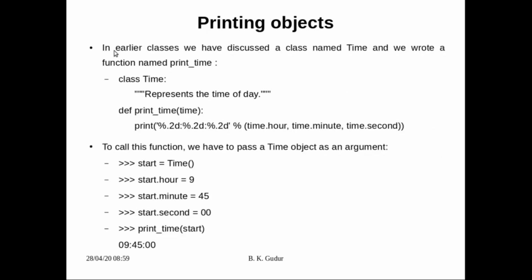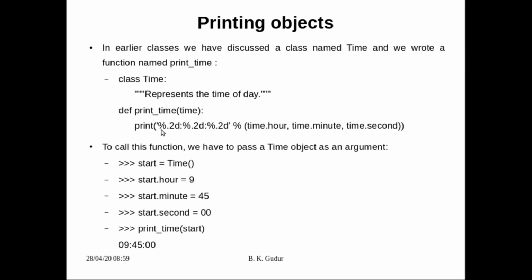Say in earlier classes we have discussed a class named Time, and we even wrote a function named print_time. The class definition was something like this, and below that there was a function definition, print_time, and it was taking one object, right? So this is how we had written the time.py file.